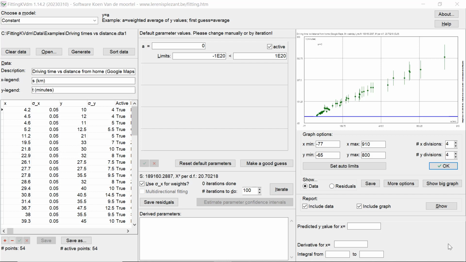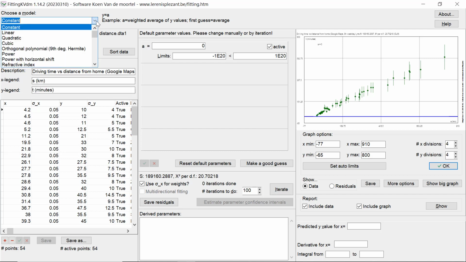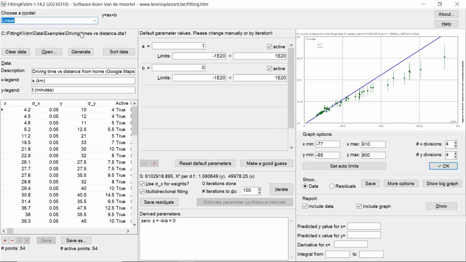Now, what would be the relationship between the distance and the time we need to drive it? Well, maybe linear would be a good idea. We'll try this first. Linear. Let's adjust the scale a bit because we don't have negative distances.